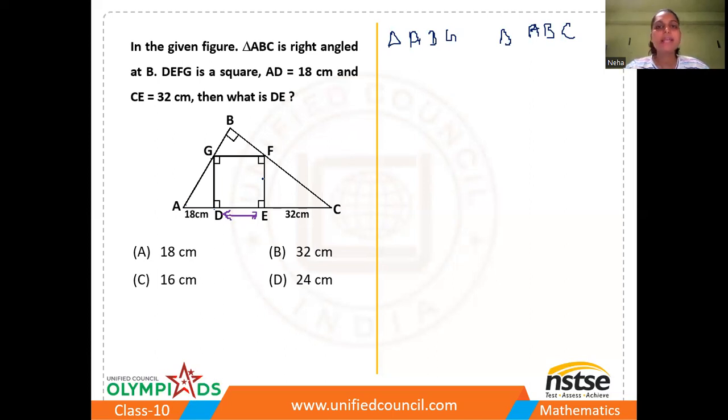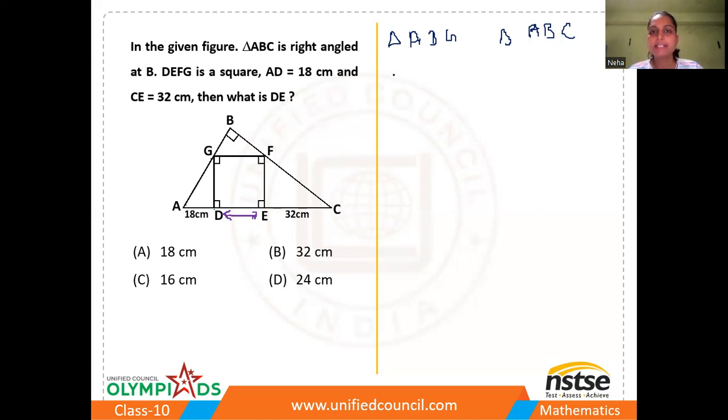For these two triangles, what can I say? These two triangles are right angle triangles, right? So if these two triangles are right angle triangles, then I can say that these two triangles are similar to each other. So if these two triangles are similar, then I can put the concept of similarity here.